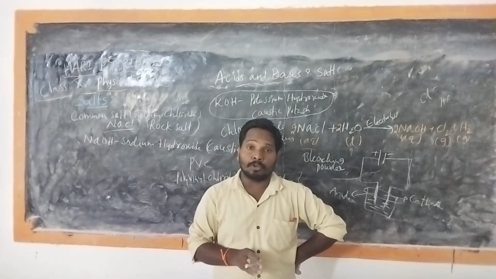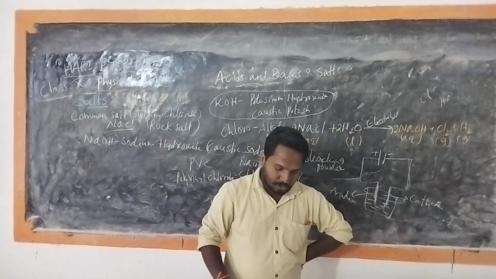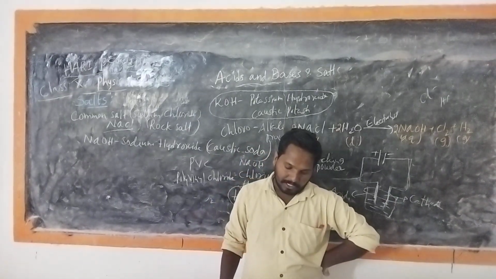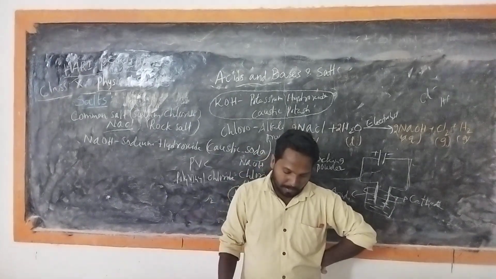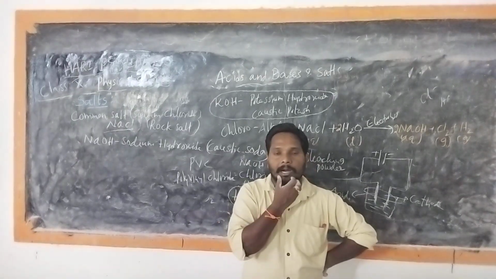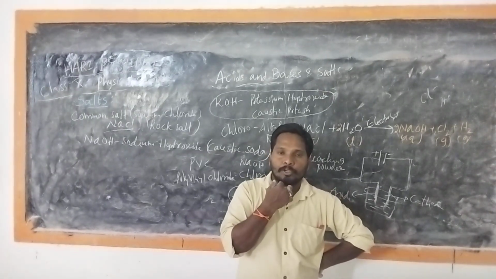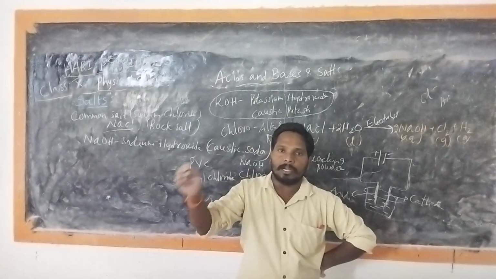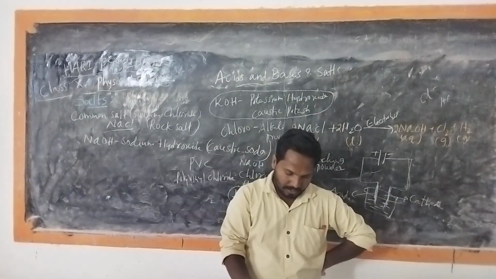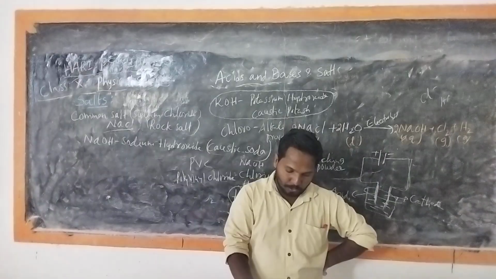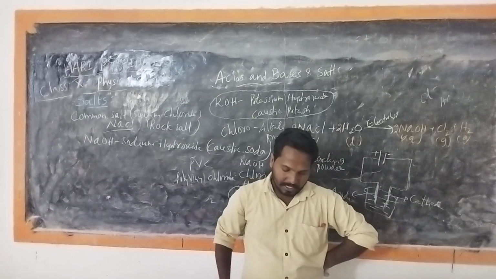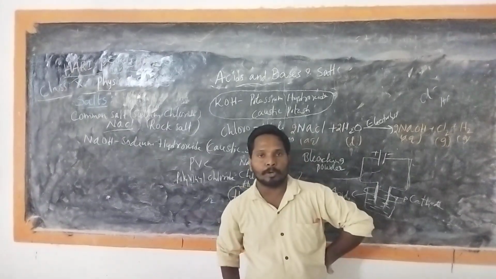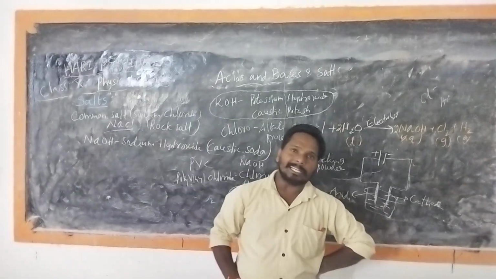Then uses of hydrochloric acid. Hydrochloric acid is used to clean iron sheets before tin coating or galvanization. It is used in the preparation of chlorides such as ammonium chloride, which is used in dry cells.